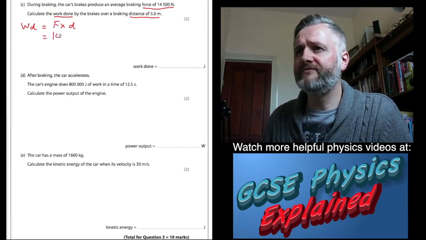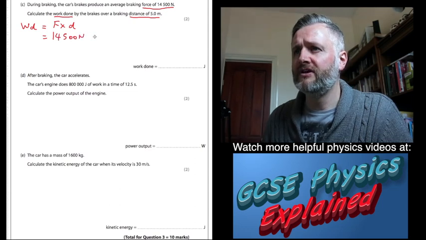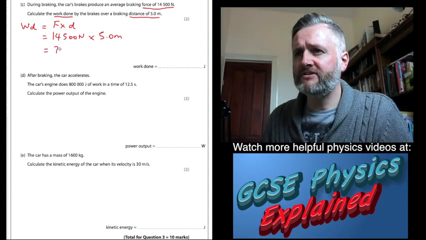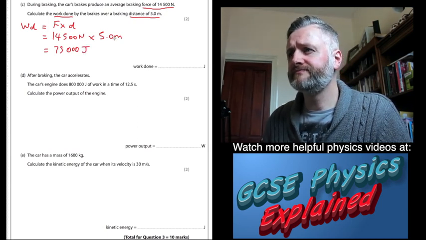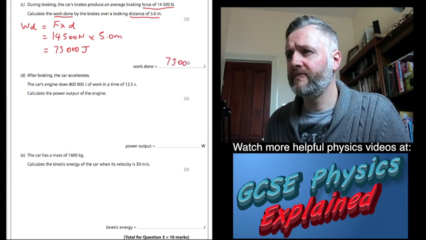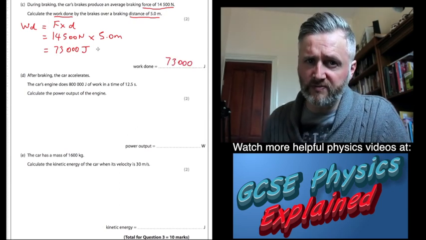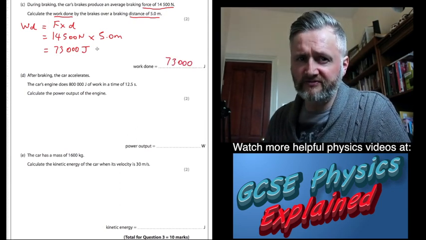So the force is 14,500 newtons. Multiply that by a distance of 5 meters, and that equals 73,000, and that's joules, or you could say Newton meters, but they want it in joules. And I would always show your working out, by the way. If it's good enough for me, it's good enough for you.